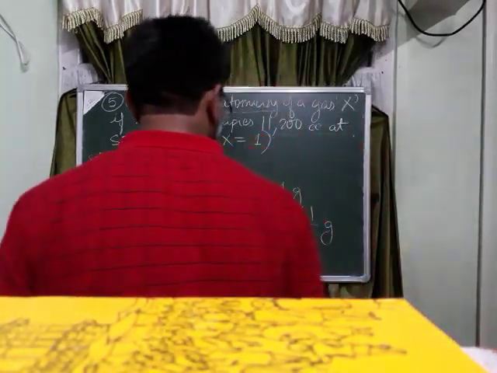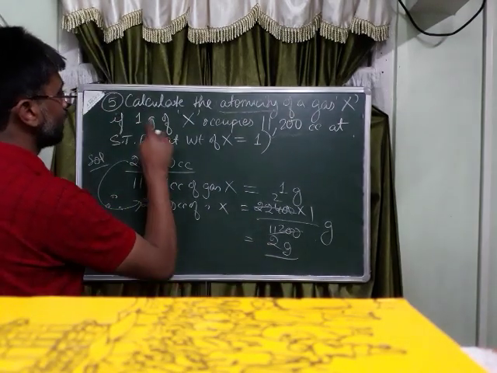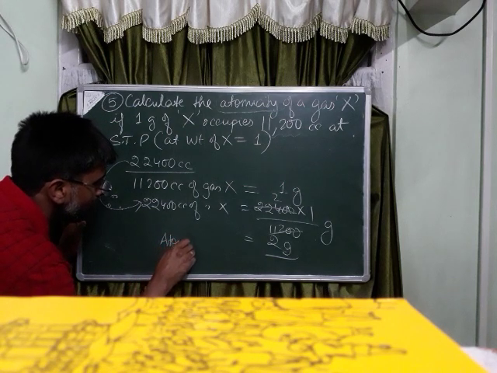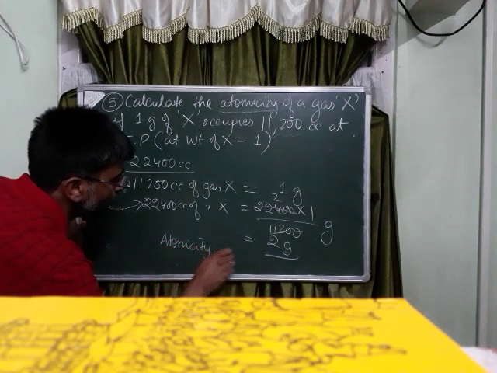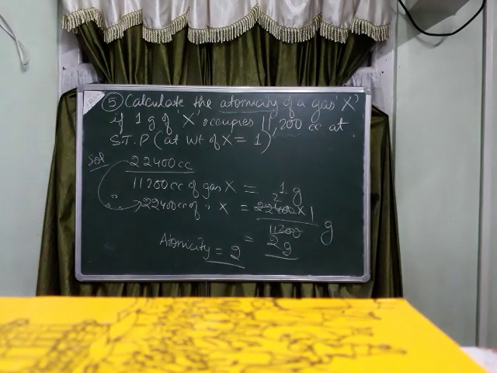If I divide, you can see it is coming 2 times over here. Therefore atomicity becomes equal to 2.